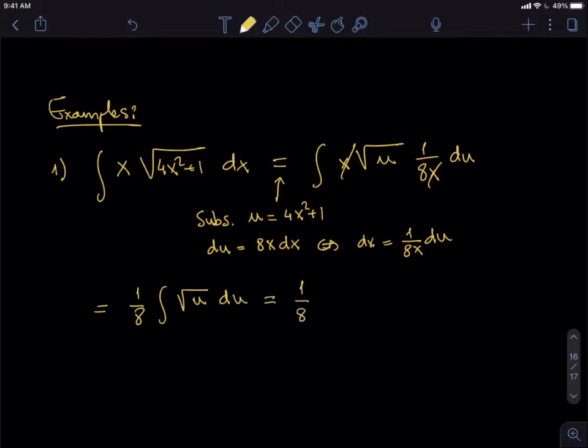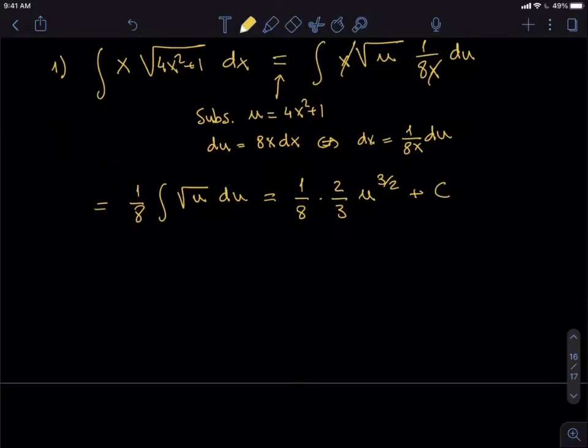So this is 1 over 8 times 2/3 of u to the 3/2 plus c. Okay, just a power 1/2. And here we simplify a little bit.